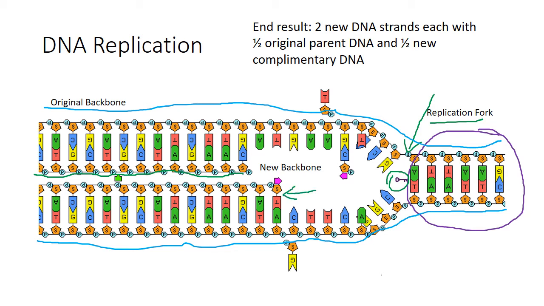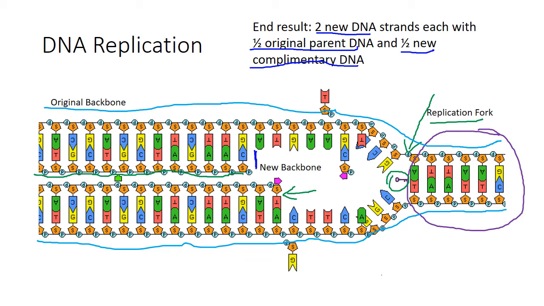The reason why this is so significant is because we would say that the end result of DNA replication is 2 new DNA strands, but each new DNA strand has half of the original parent DNA, but also half new complementary DNA. So in this way, you can keep the cells consistent. Each new cell has half of the original DNA from the cell before, but then the other half of the DNA is made from those complementary base pairs.